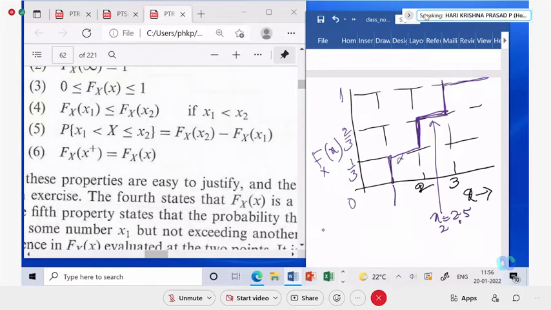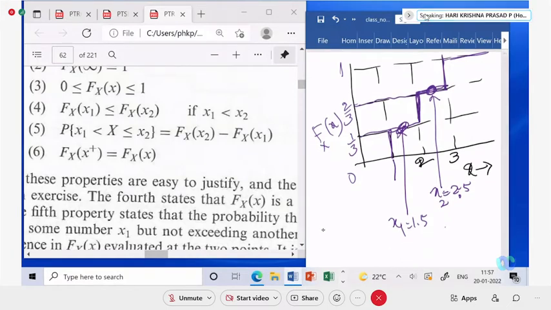X1 is say 1.5. When I take the difference between the distribution function values at those 2 points, that is 2 by 3 minus 1 by 3: Fx of x2 is 2 by 3, Fx of x1 is 1 by 3.